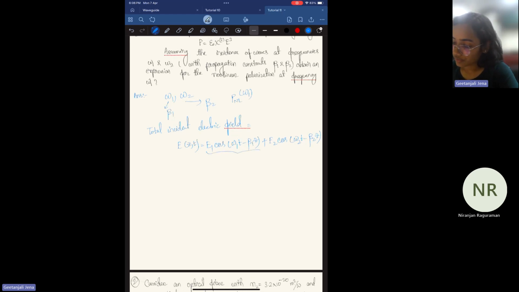If you recall, this is nothing but the real part of E1 e to the power i(omega 1 t minus beta 1 z), and similarly the real part of E2 e to the power i(omega 2 t minus beta 2 z).